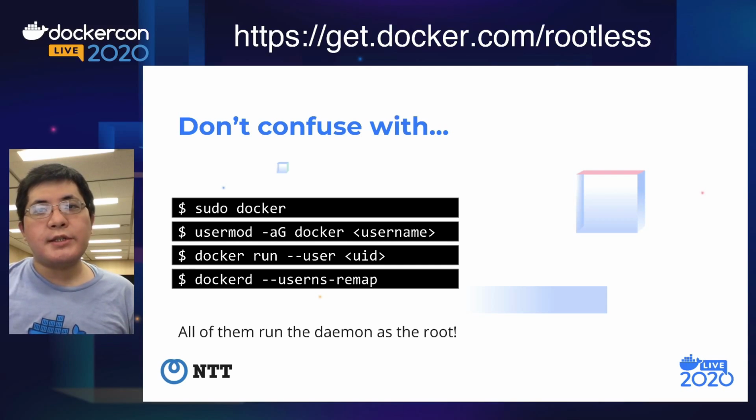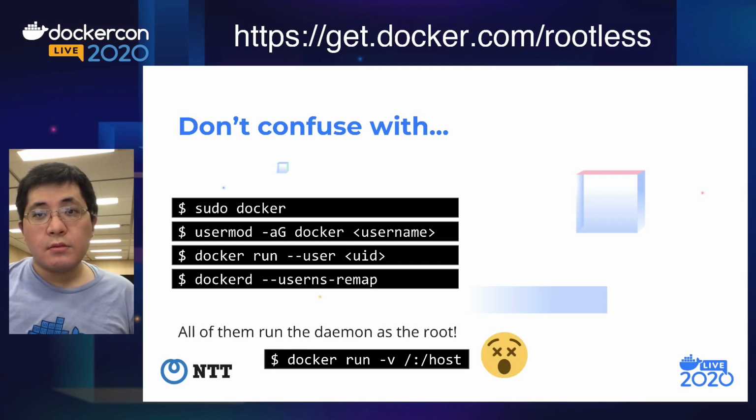All of them run the daemon as the root. So the user can gain the root privileges of the host system by simply running docker run -v /:/host, or just by running docker run --privileged.